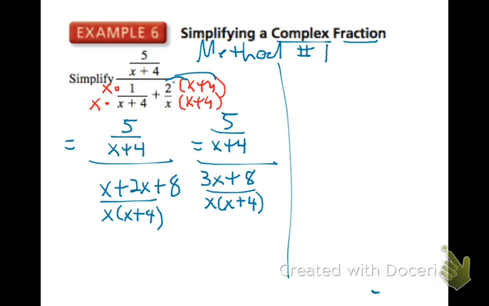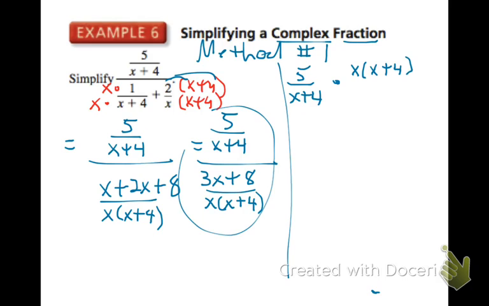So now I have one fraction divided by another, so this is where we can do the keep, change, flip method. We'll keep the first expression, 5 over x plus 4. We'll change the problem to multiplication, and then flip that bottom fraction. Then we're going to divide out any numerator with any denominator, so we can divide out our x plus 4s.